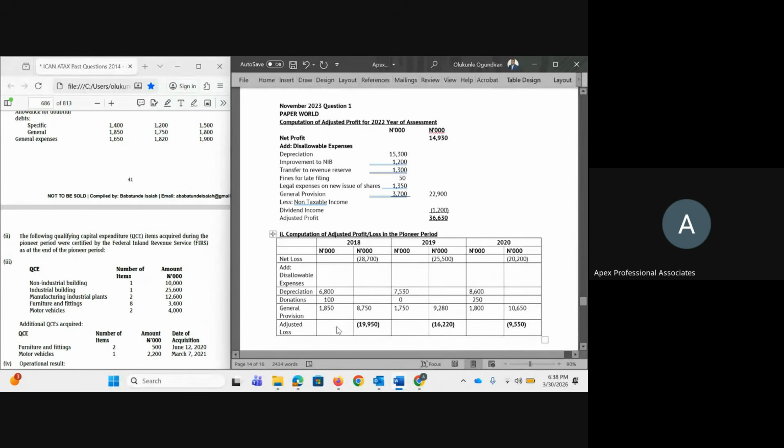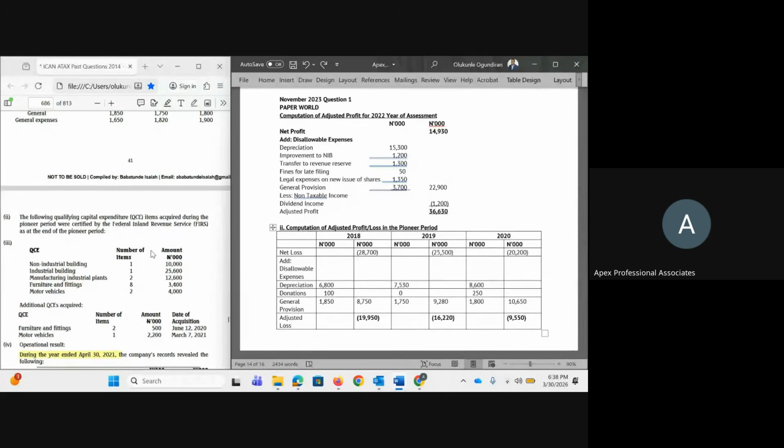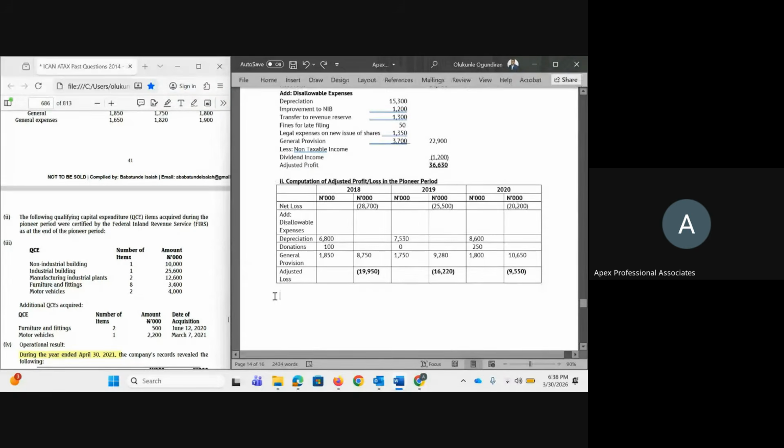All right. I think I'm done with the first requirement. Obviously, I'm sure you know that I have to get my total loss because we have total loss for the 3 years. So that's the summary of the total loss.